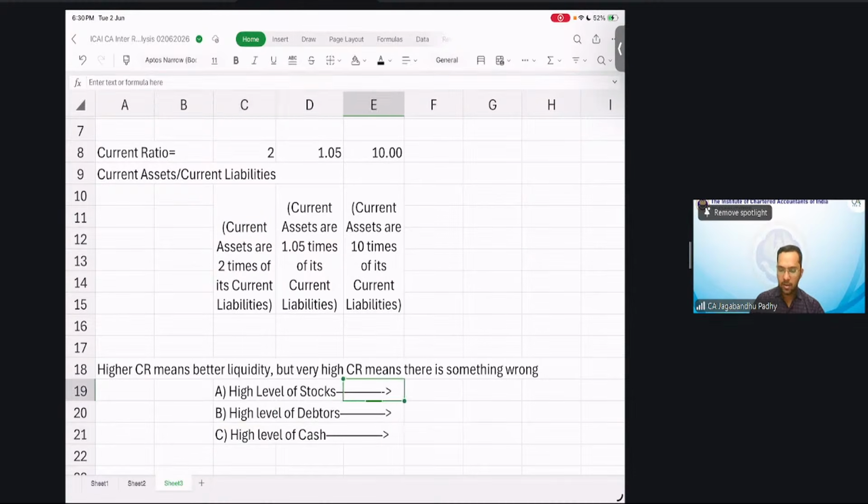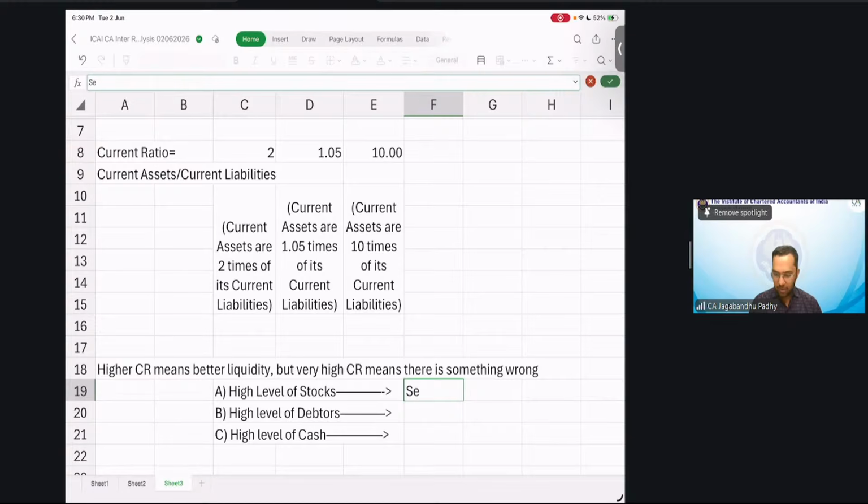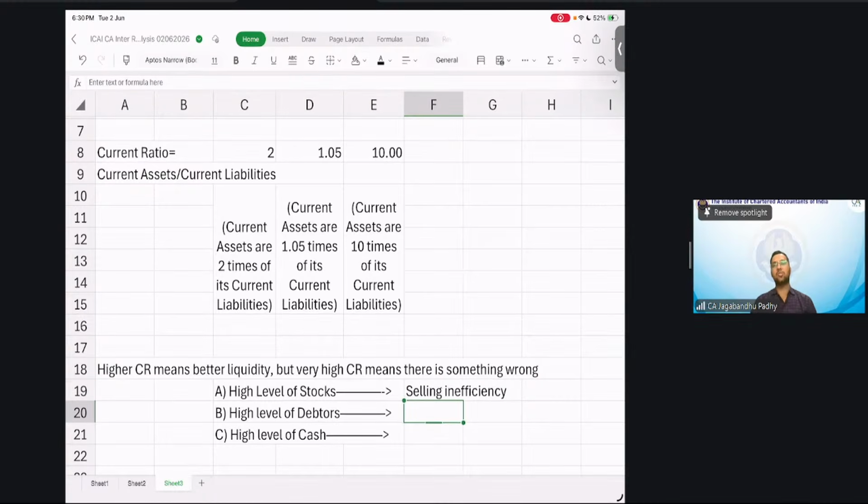So if you're having greater amount of stock, what does that indicate? If you're having a higher amount of stock, it means there is selling inefficiency. You're not able to sell your stock at a faster pace, so you're just accumulating the stock with you. What would high level of debtors indicate?